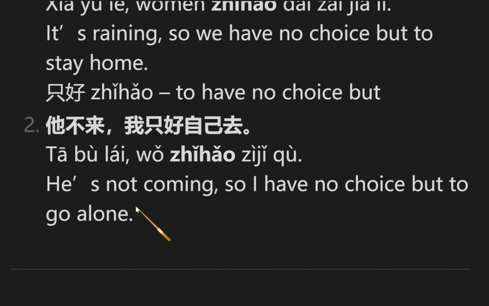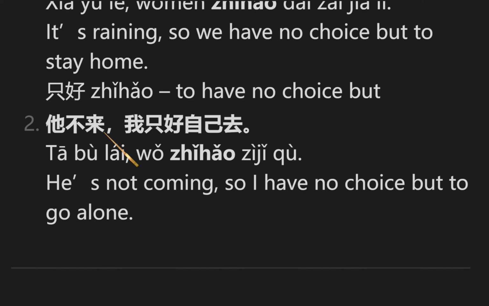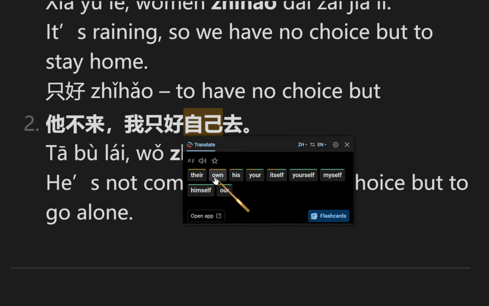He is not coming, so I have no choice but to go alone. 他不来，我只好自己去。他不来, so he is not coming, 不来。And I have no choice but 我只好自己, it's to go. 自己 it's to go by itself, by yourself, by their own.